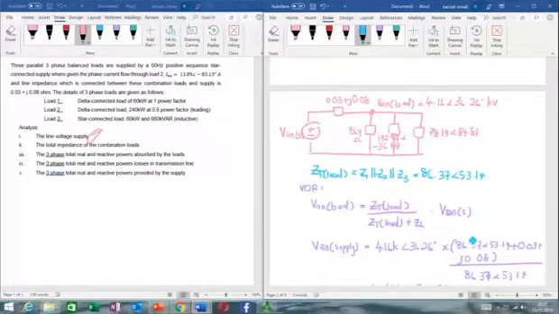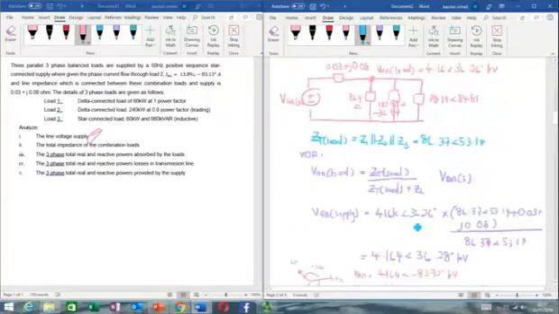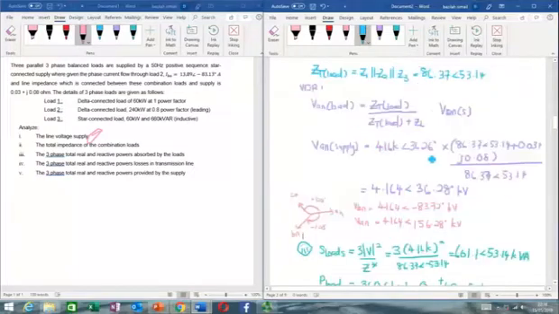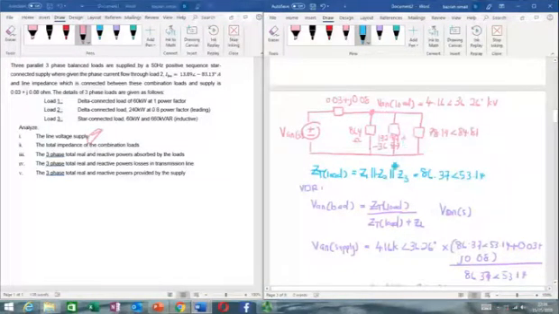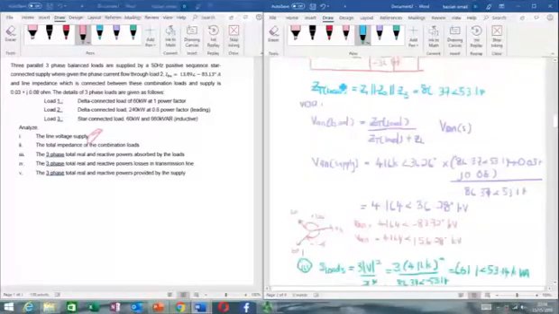It should be very small because compared to the value of Z load, when you compare Z load and Z line, Z load is very big compared to Z line, so we can expect that the voltage drop at the line is small.